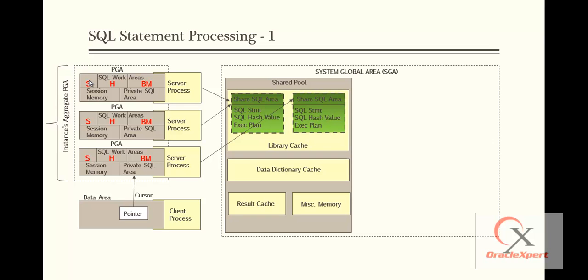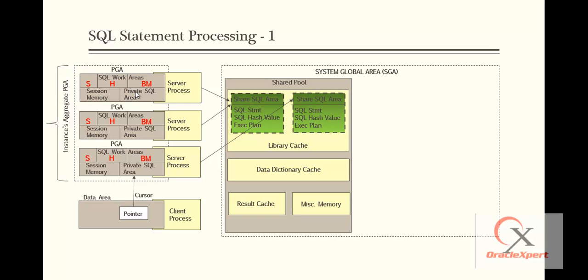Now just look into this PGA and you would notice that there is an area called SQL work areas, which includes the sort area indicated by the letter S. Then there is a hash area indicated by the letter H, and then there are bitmap merge areas indicated by BM.